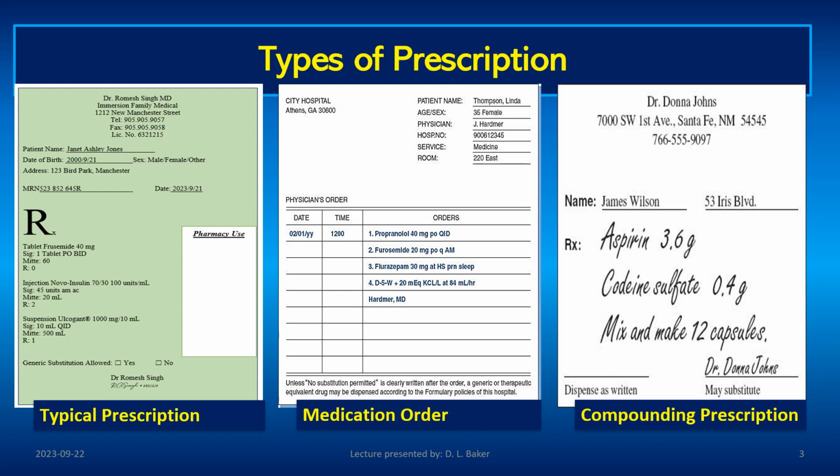Compounding a medication prescription includes things such as customized hormone therapy or individualized creams or pediatric suspensions, where you might have a dosage form that is available, say in a tablet. The child may not be able to take the tablet, so of course in that case you would have to compound that tablet into a suspension or a solution, whichever the case may be, to ensure that the child is able to get something that is safe and effective.